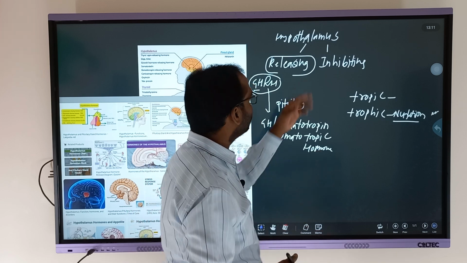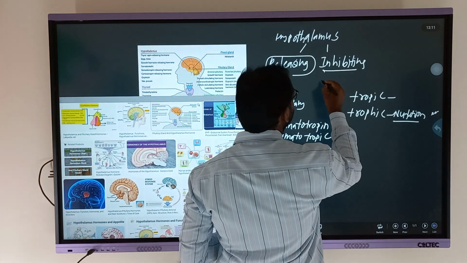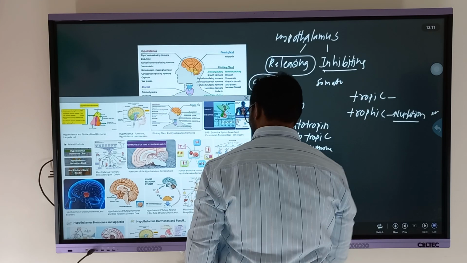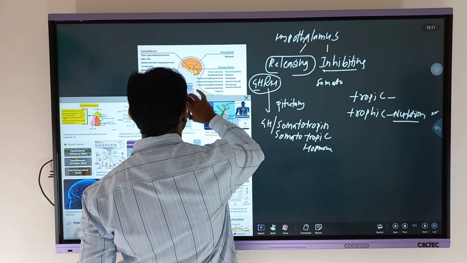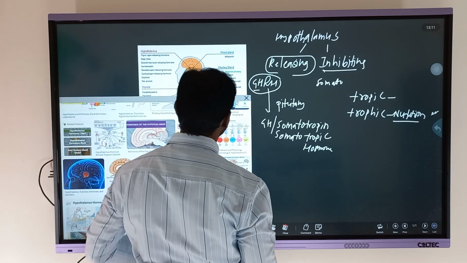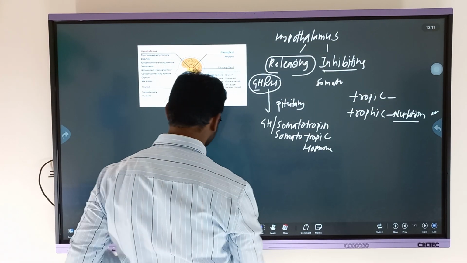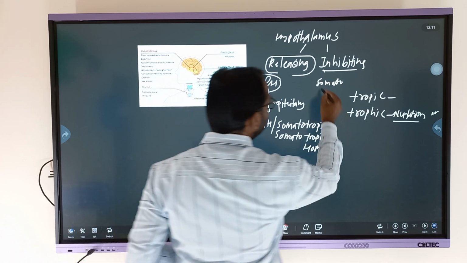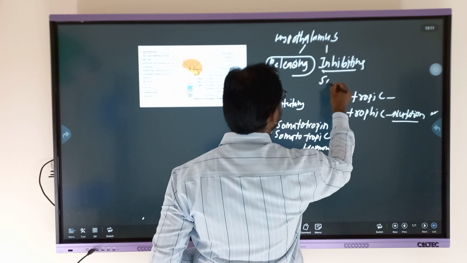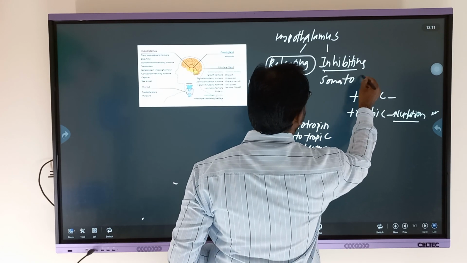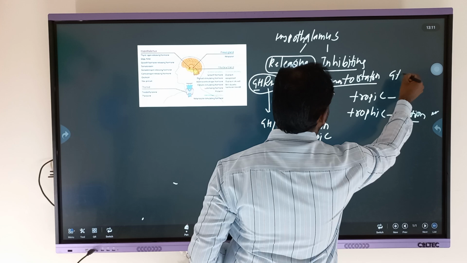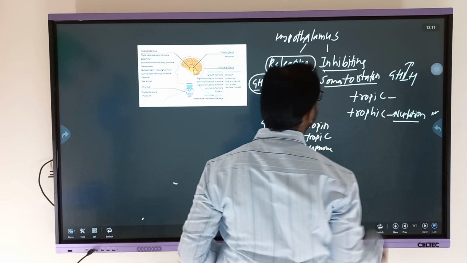Am I clear? And the inhibiting hormone for this is somatostatin. So this is the growth hormone inhibiting hormone. That's it.